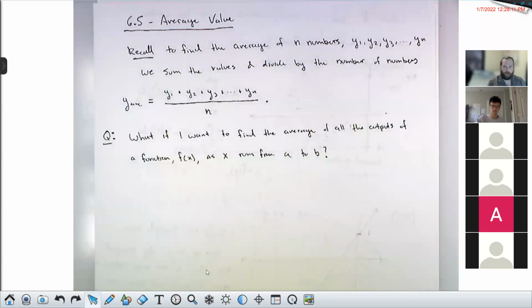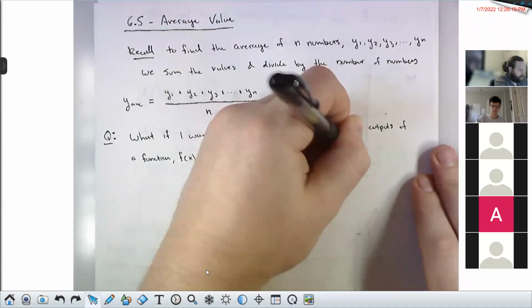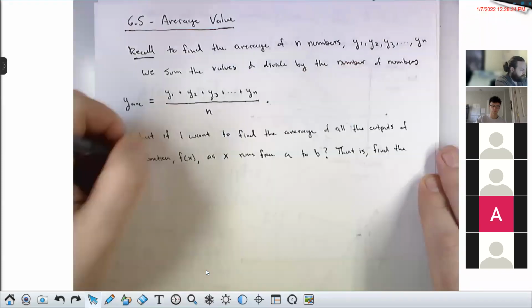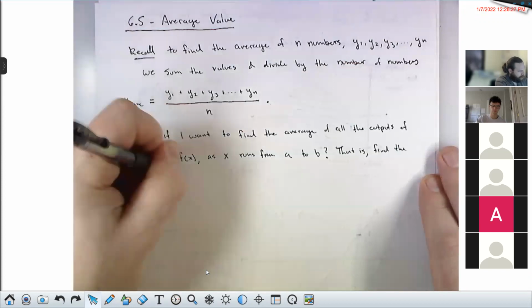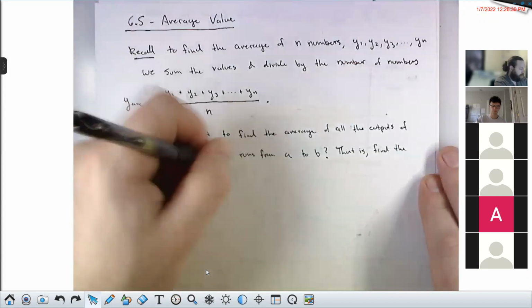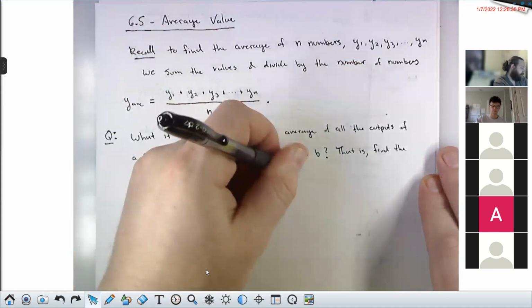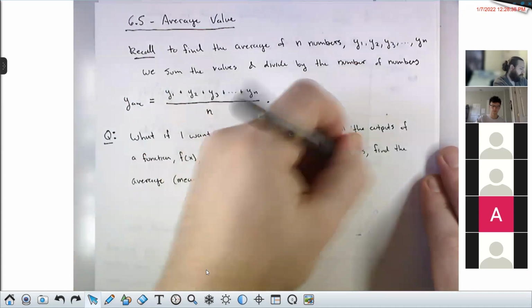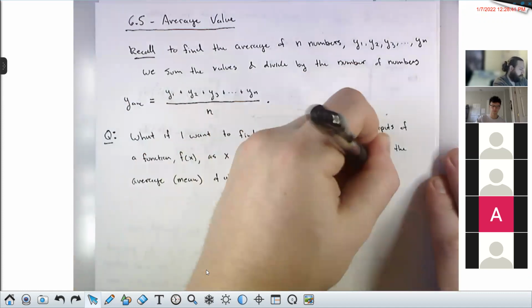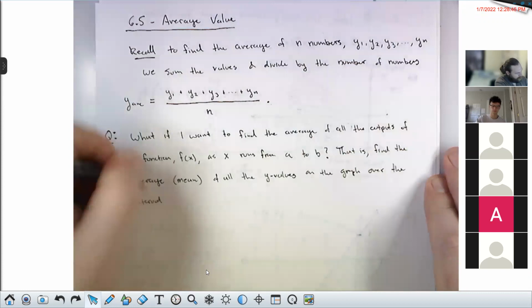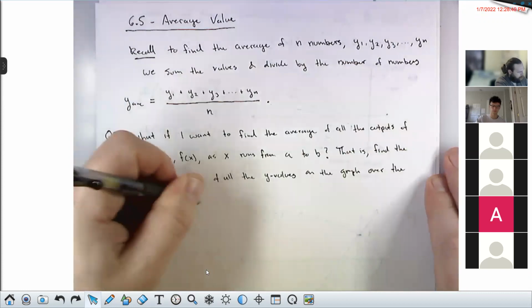In other words, I want to find the average of all the y values on the graph. That is, find the average, or mean it's called, of all the y values on the graph over the interval AB.